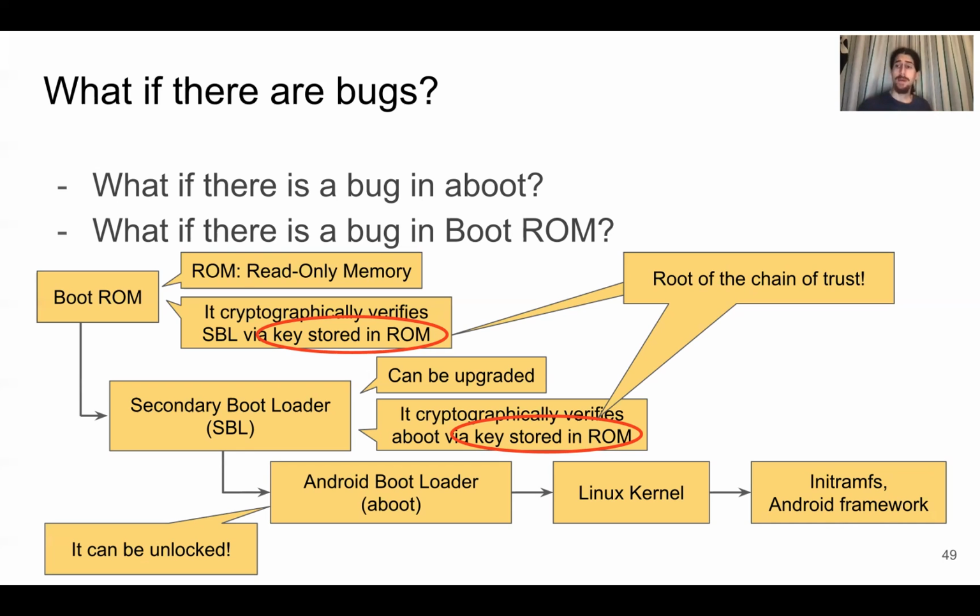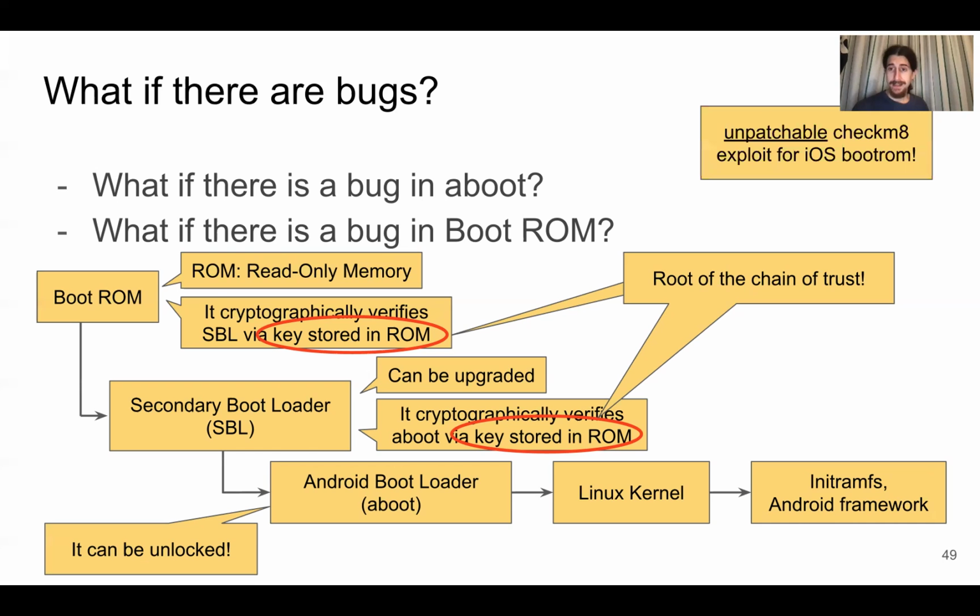Now, these boot ROM bugs are extremely rare, but they still happen. Last year, I think the day before I prepared the slides, there was a checkm8 exploit for iOS released and announced. It's an extremely cool bug, and they found it in the boot ROM.